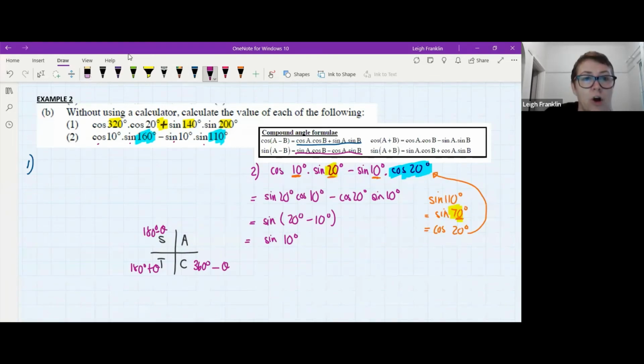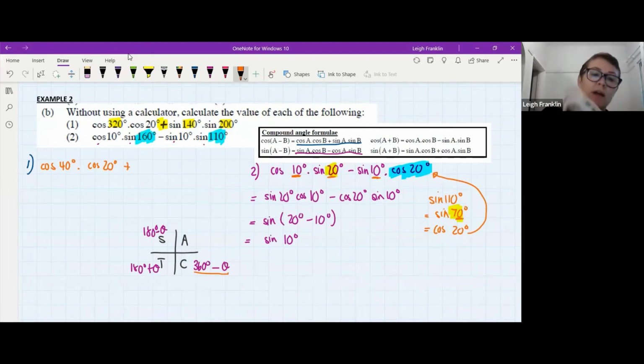Cos 320 is quadrant 4, so I'm going to use the reduction formula, 360 minus. This reduces to positive cos 40. Cos 20, I don't have to reduce, it is reduced. Plus sine 140, that's quadrant 2.